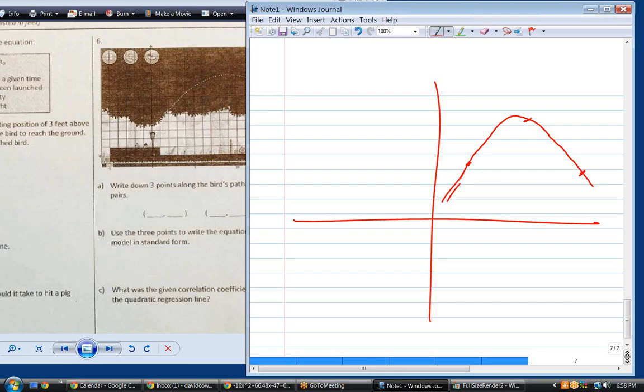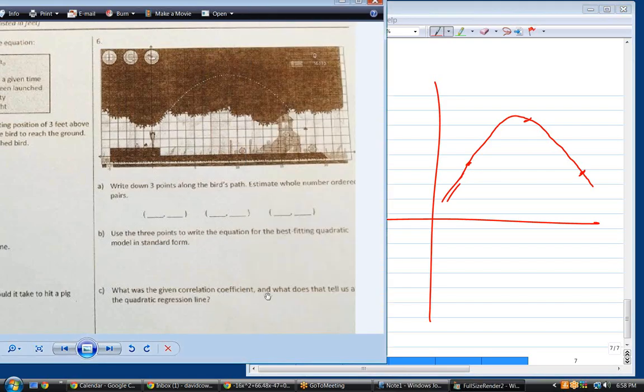So that correlation coefficient that they're talking about in C should be 1. And if I did it on my calculator, I think it would come out to be 1. Now what does that tell us about the quadratic regression line? It's perfect, I guess, is what they're looking for, assuming it comes out to be 1. Okay. All right.